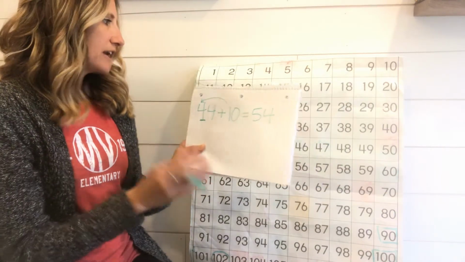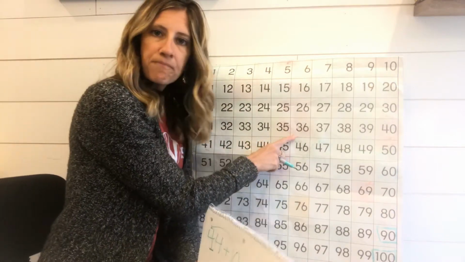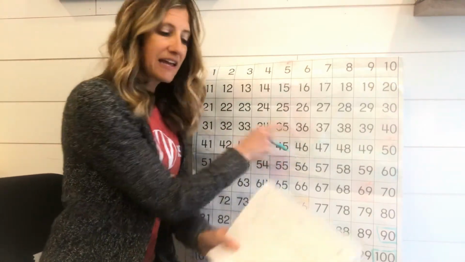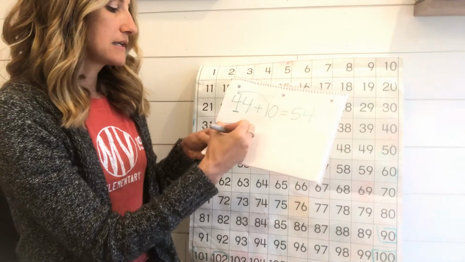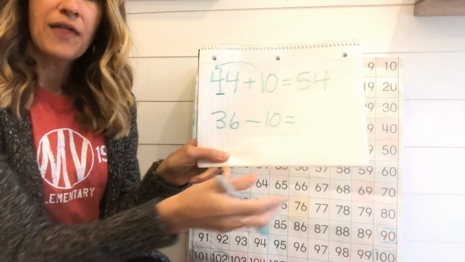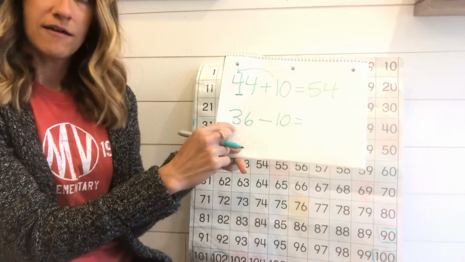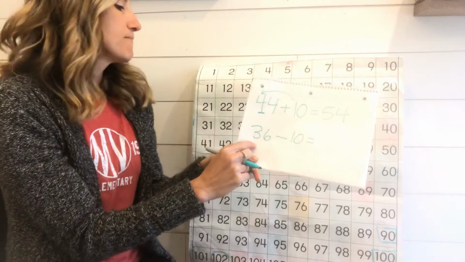All right, let's try another one. How about we do 36? And let's do 36 minus 10. So that means we have 36, and we're going to take a 10 away from the number in the 10 spot.